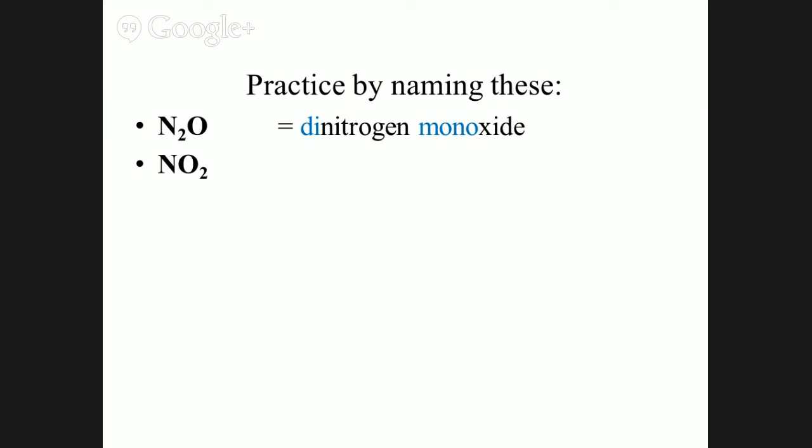Okay, now I've moved the 2 over. Nitrogen dioxide. Again, no mono for the first element, and then the di goes with the oxygen this time. Okay, a little bit more here.